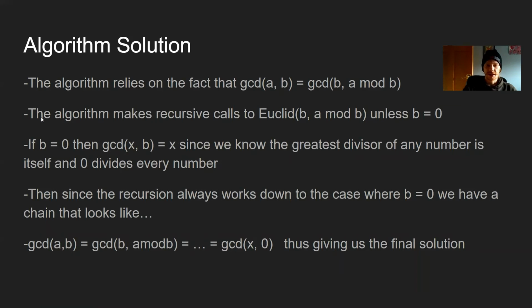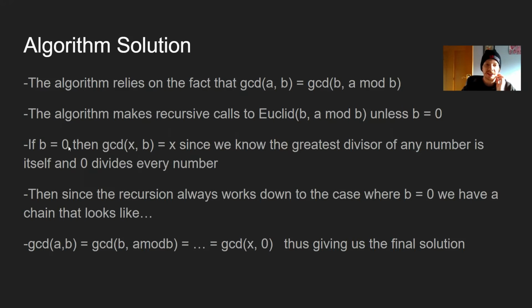The algorithm recursively calls Euclid(B, A mod B) unless B is equal to 0, as we discussed in the pseudocode. And we know that we'll always get down to some case where B is 0, since A mod B is less than B. So you'll keep making calls like that until you eventually get down to 0.